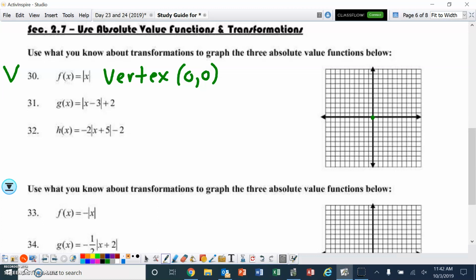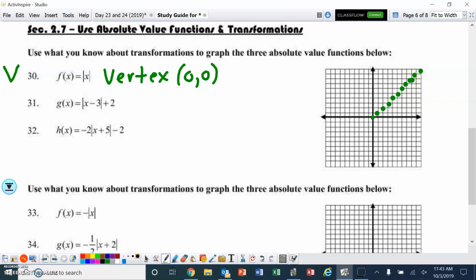Now, what else do we know? Well, we know that we're going to go up 1 over 1. All right, so I'm going to carefully try to do the dots here. So I'm going to go up 1 over 1, up 1 over 1, and so on as best I can. Okay, some of those dots are a little crooked.